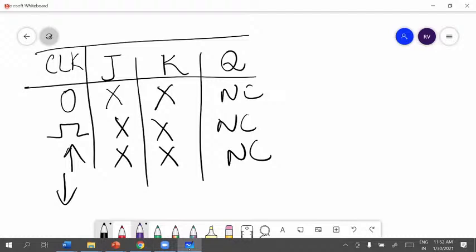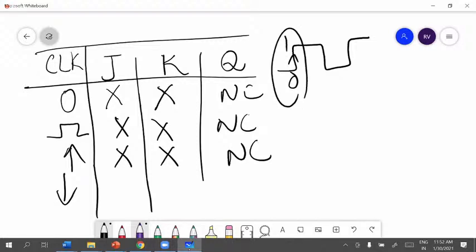When clock is negative going edge, that means you know this is a clock signal. If the flip-flop triggers during positive going edge, consider that as positive edge triggered JK flip-flop. During this leading edge, if it is triggering the flip-flop, you can consider that as positive edge triggering.